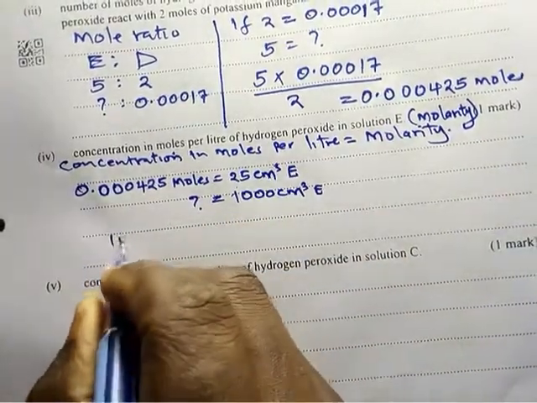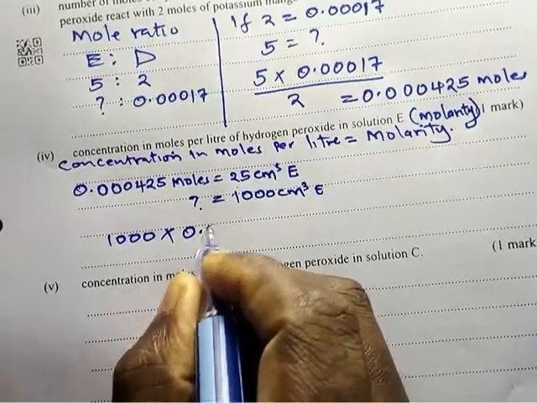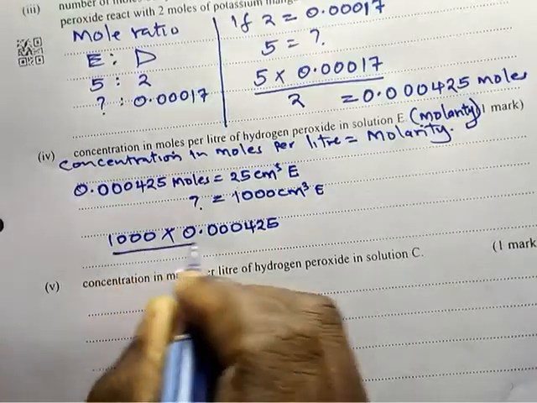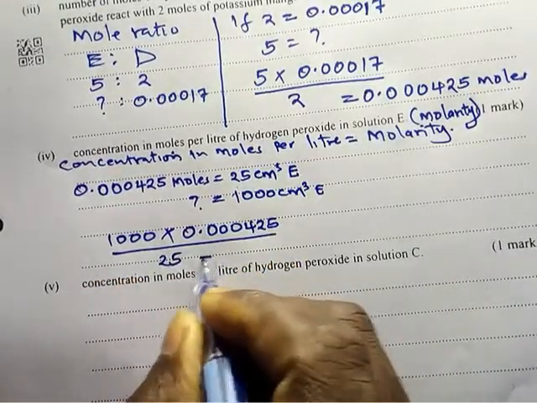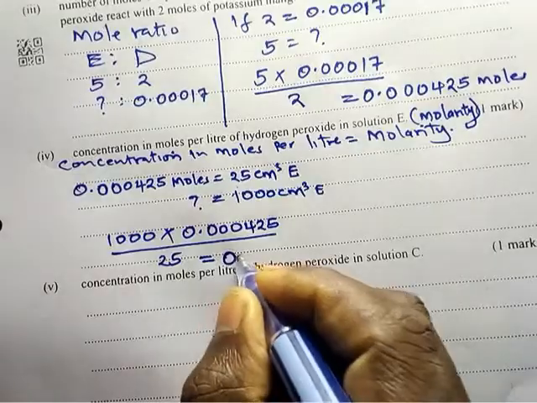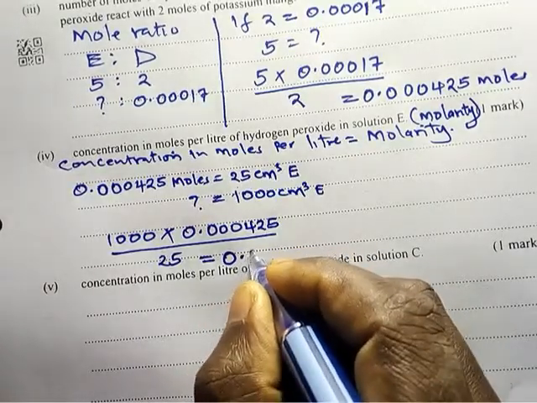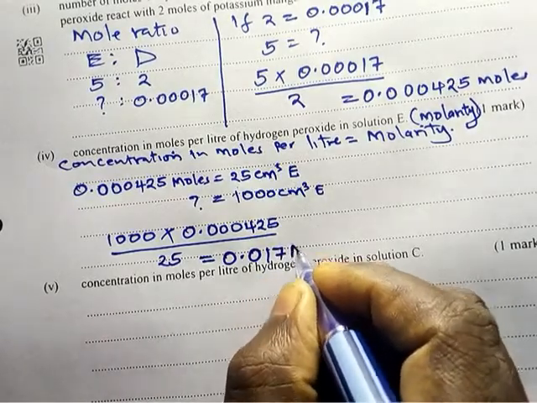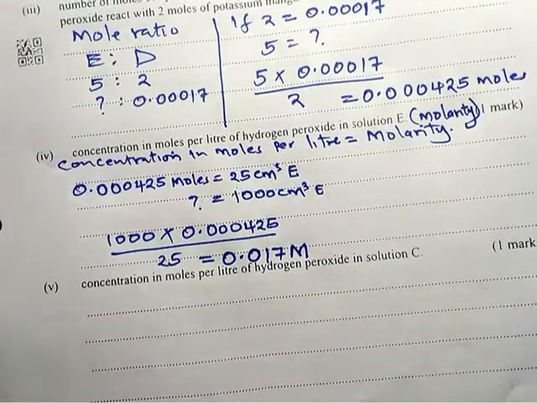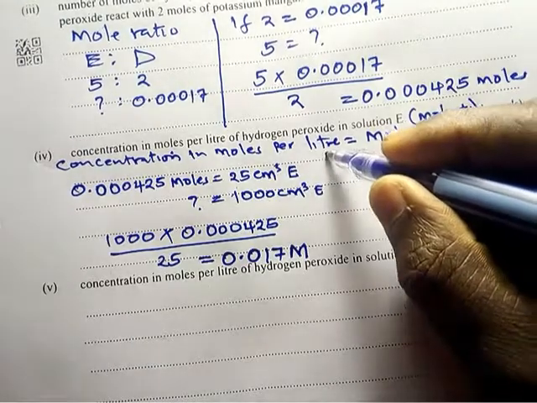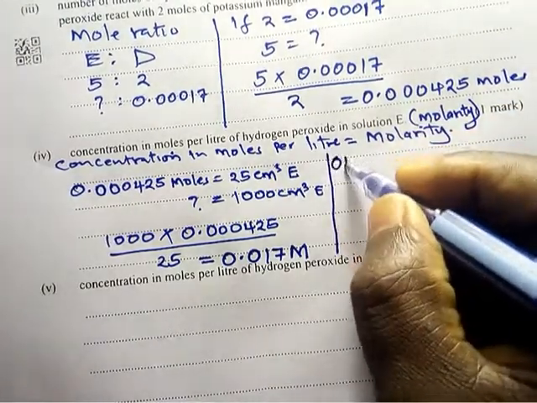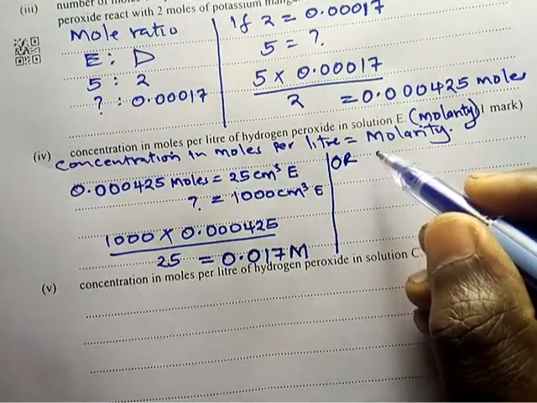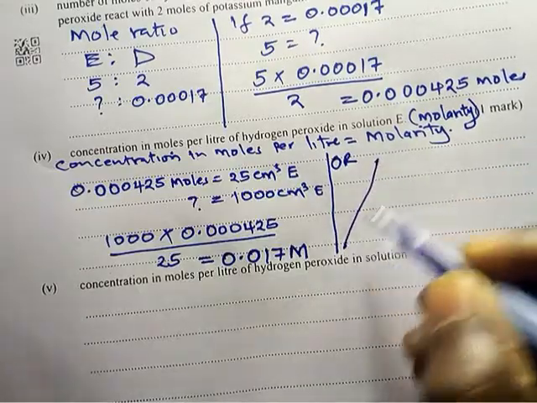That is 1,000 times 0.000425, divided by 25, and this gives us 0.017 M. Capital M stands for molarity. So that's one way. Or there is another way. You can use the formula, or you can draw this triangle of the table.